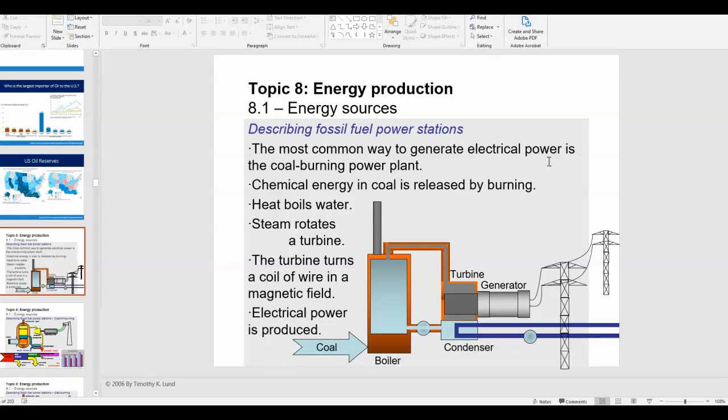The turbine is connected to a generator, which has coils of wire spinning around a strong magnet. We talked about electromagnetic induction in the last video, so we know that if you turn a loop of wire through a magnetic field, you get electricity, and then you can send that electricity to people's houses. So that's basically how a fossil fuel power station works.